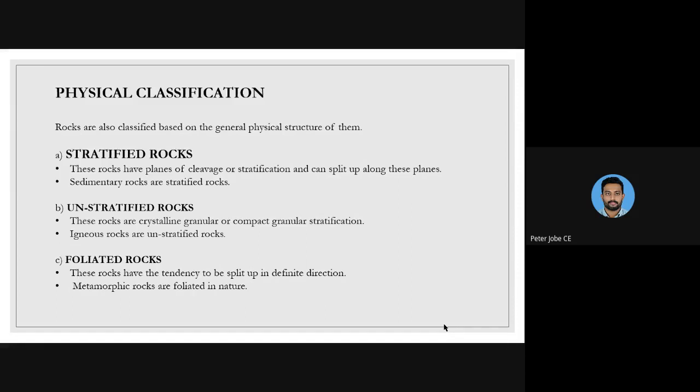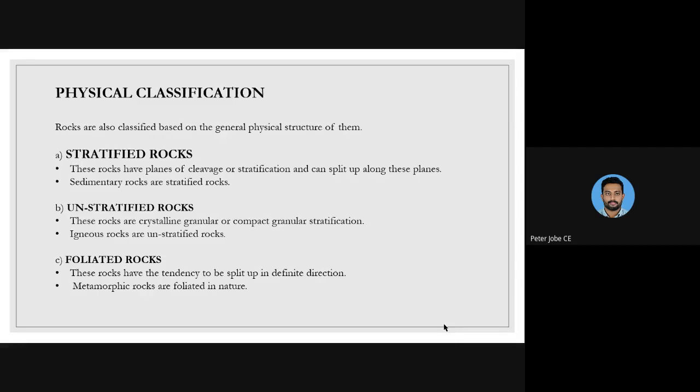And next is foliated rocks. Foliated rocks are an example of metamorphic rocks. All metamorphic rocks come under the foliated category, in which, even though it is stratified into layers, if we take a small rock, there's a high chance that we can see small stratified layers.